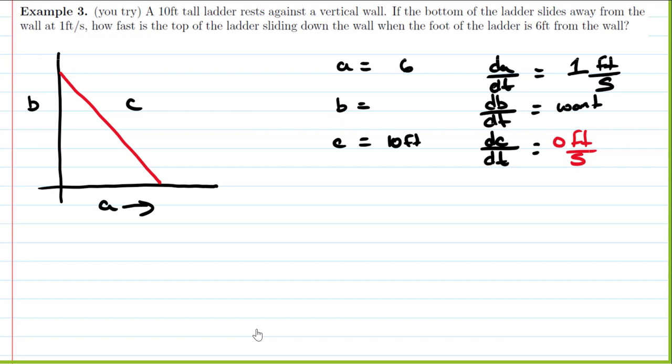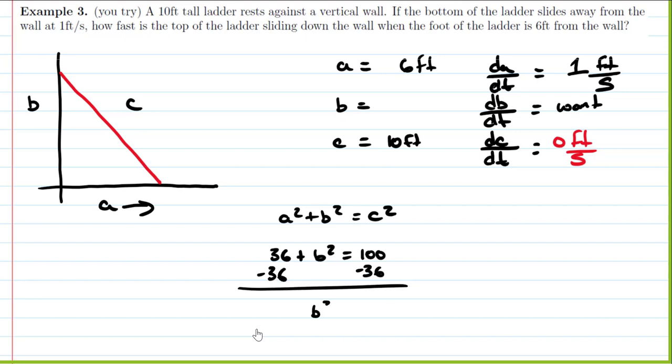And we can solve for B using the Pythagorean theorem. So a squared plus b squared is equal to c squared gives us 36 plus b squared is equal to 100. So we minus 36, and we get b squared is 64. Take our square root, so b has to be 8, so 8 feet.